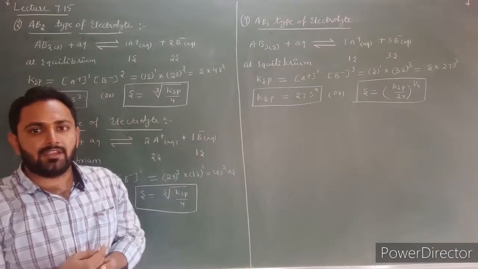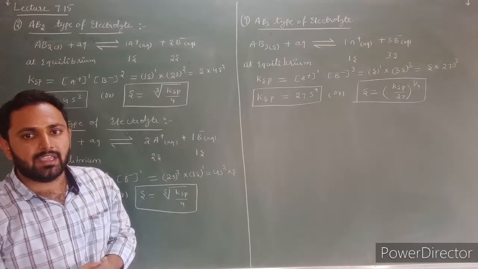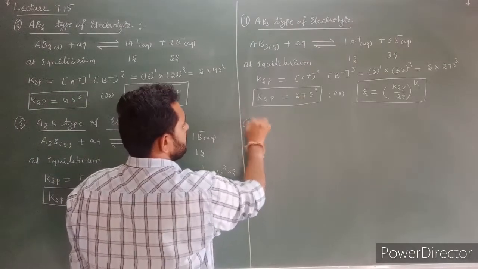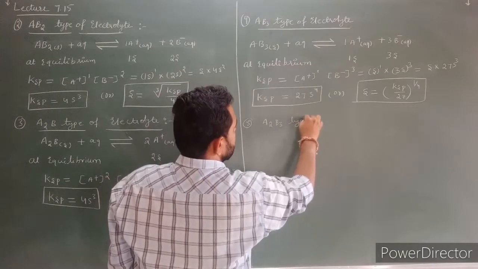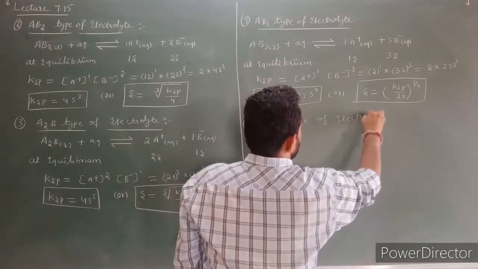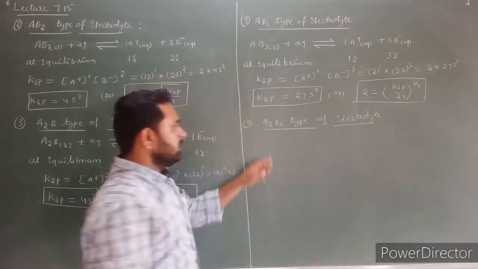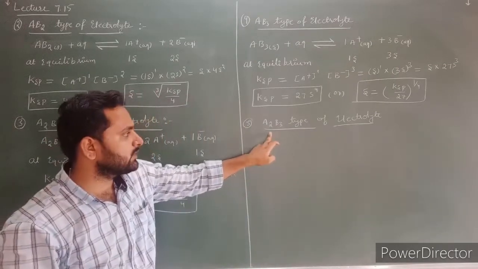Next, let us derive the relation between solubility product and solubility for A2B3 type of electrolyte. The fifth one, A2B3 type of electrolyte. Here in A2B3 type of electrolyte, the ratio is 2:3.